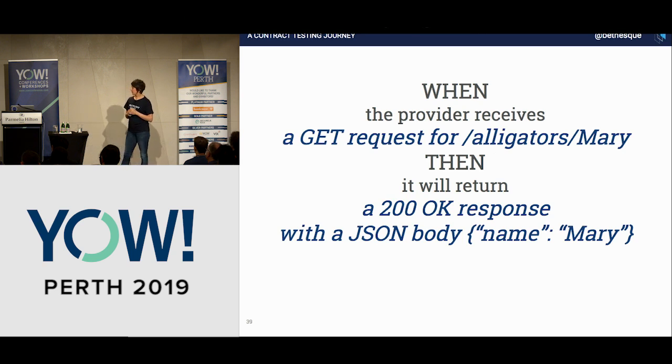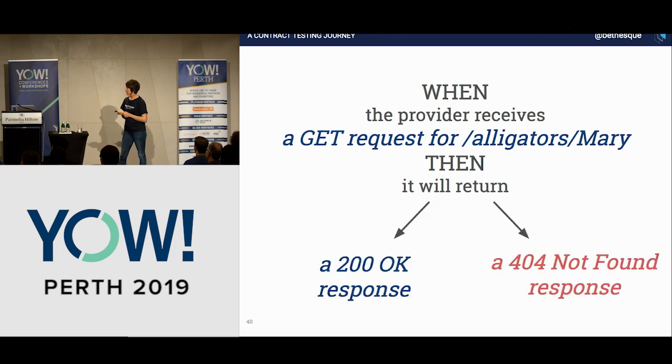So this is the way a contract might look. When a provider receives a request for /alligator/Mary, then it will return a 200 response with this JSON body. We might actually get different responses for that request.